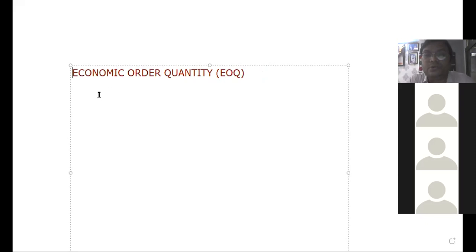How much quantity you purchase, you can decide with the help of this formula. This is economic order quantity, where if you order this quantity, you minimize your purchase cost, your carrying cost, and your ordering cost.